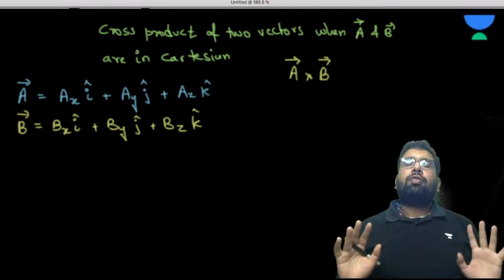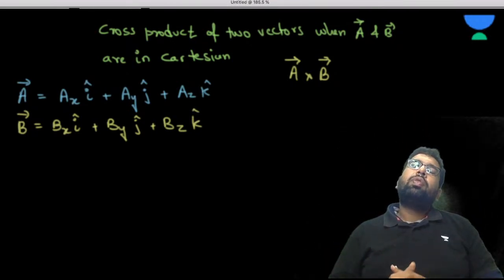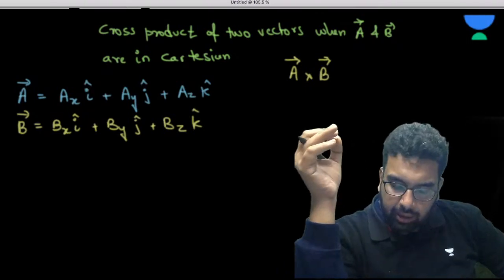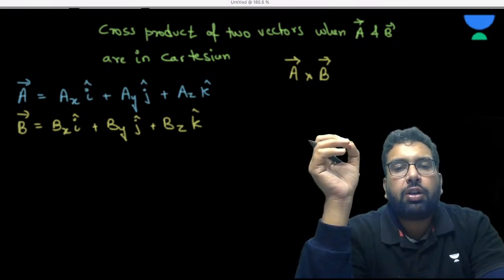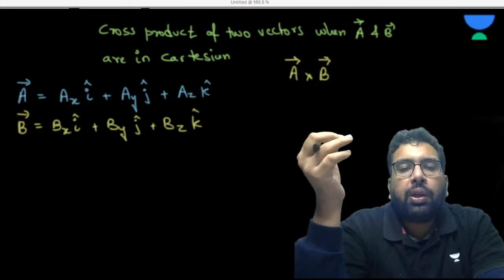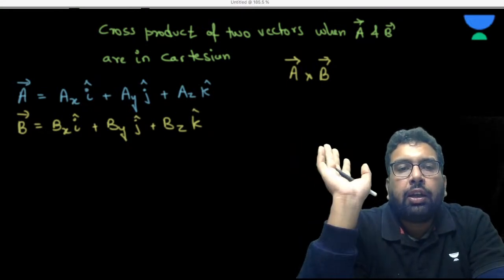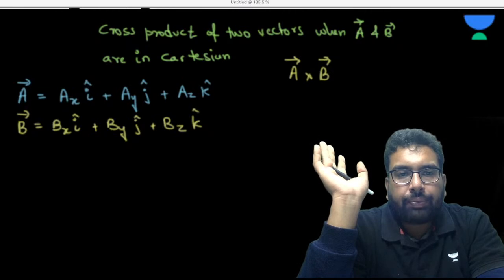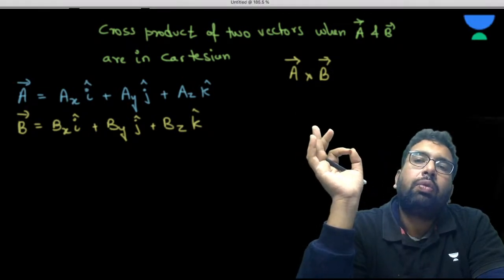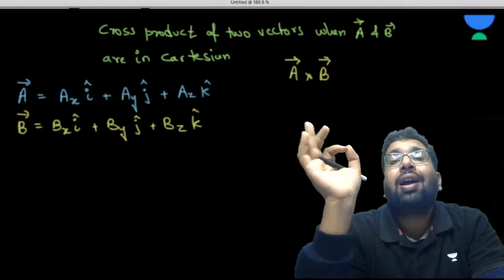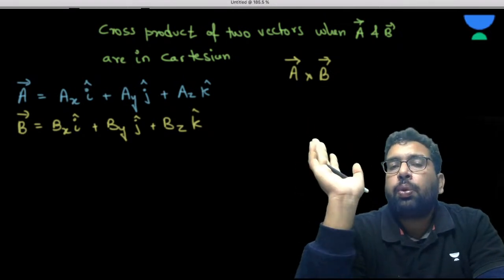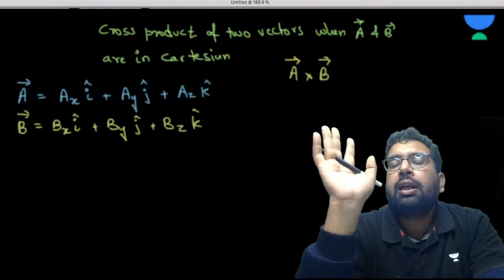In the dot product, we simply did the algebraic multiplication of the i components, the j components, and the k components. But here, see, it is a cross product.